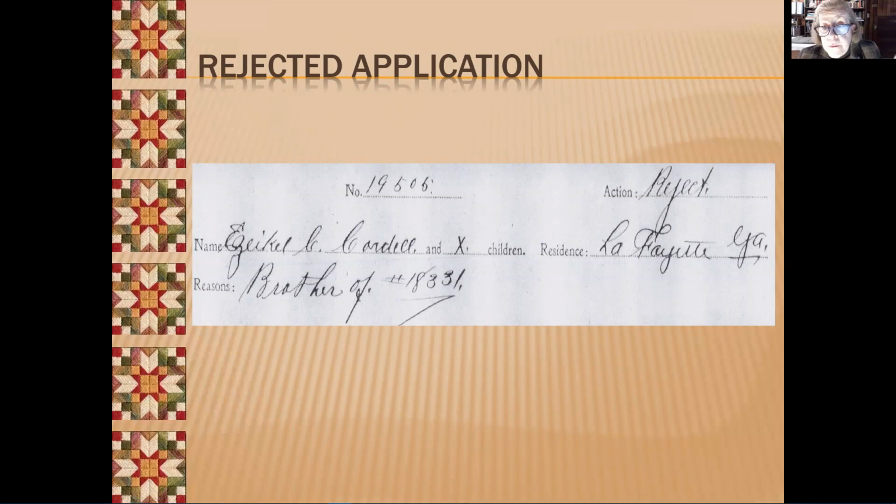And he was definitely not a Cherokee, but he thought he might be able to get some money, so he made application. So here we go. His name is Ezekiel Cardell.